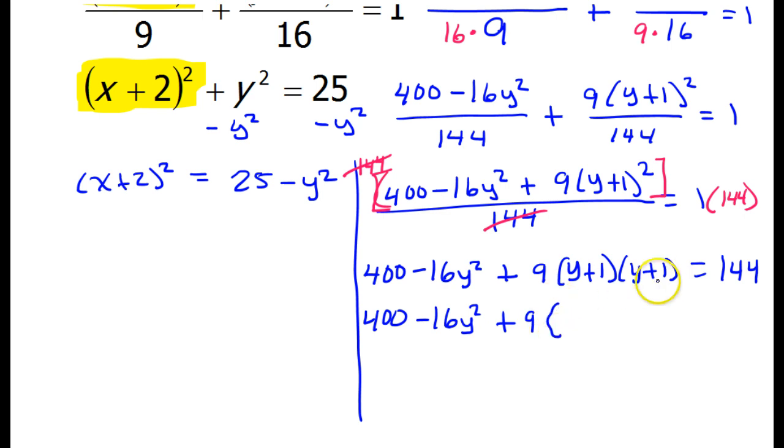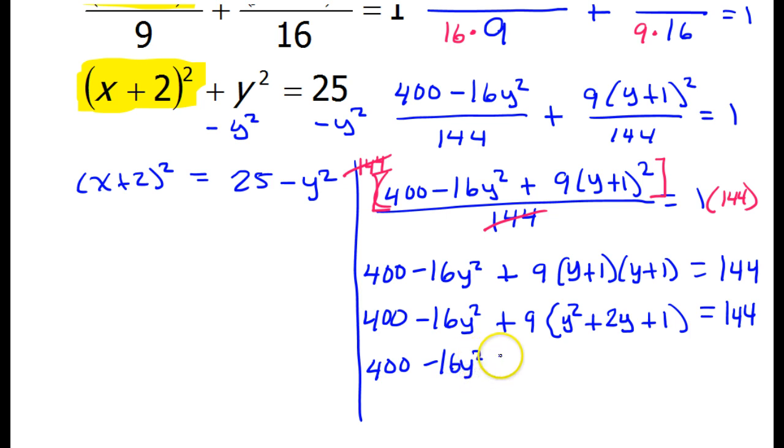I'm going to multiply these two together. So I get y squared, 1y, another 1y. Combining like terms, I get y squared plus 2y plus 1. Now I'm going to distribute this 9. Distributing the 9, we have 9y squared plus 18y plus 9 is equal to 144.